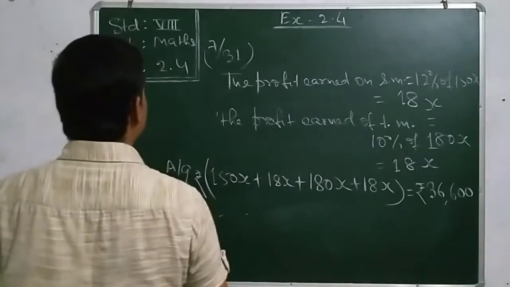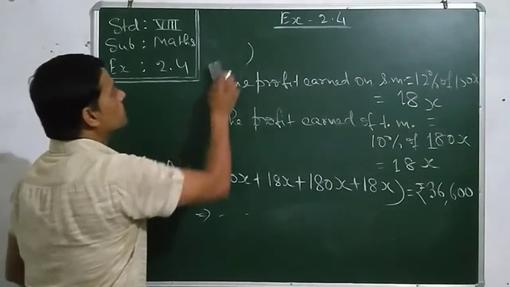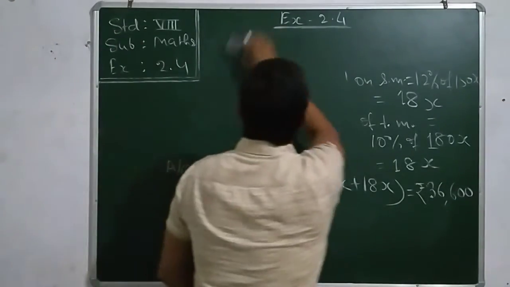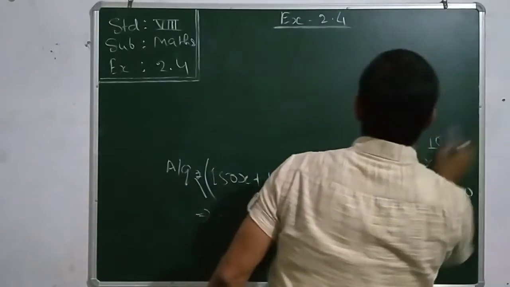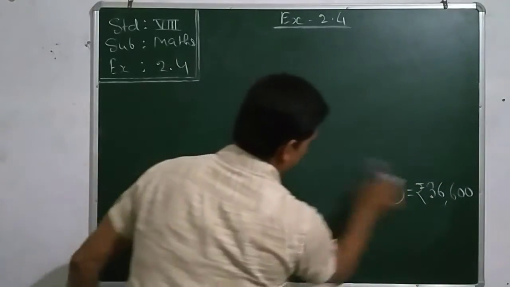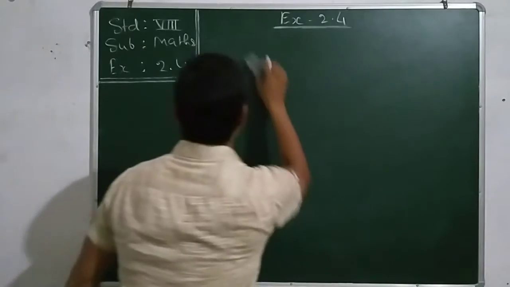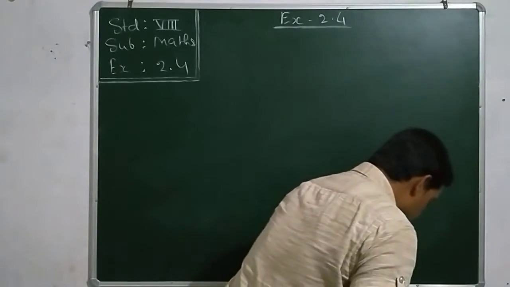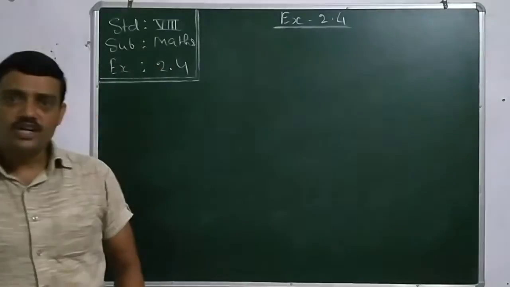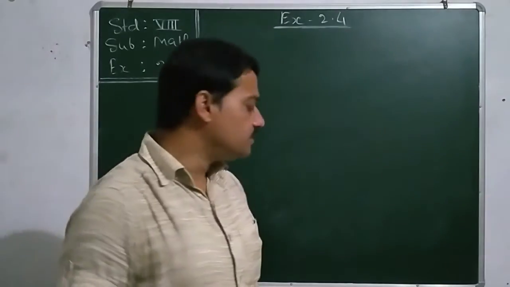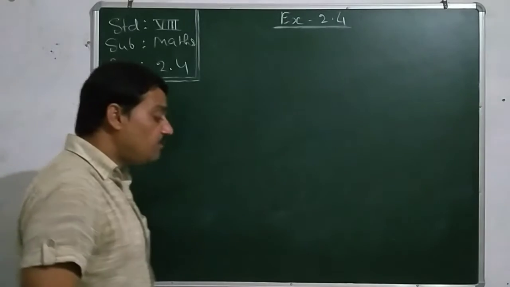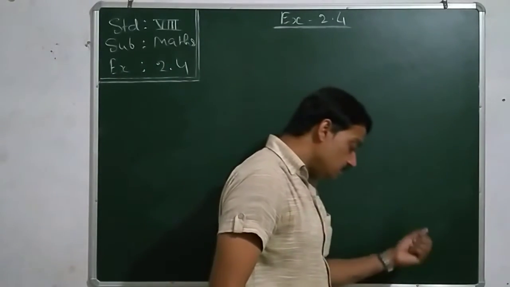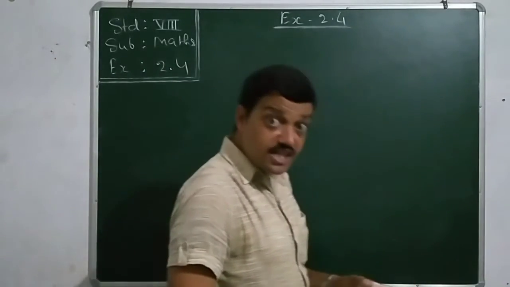Come to the 8 number sum. In the 8 number sum, a herd of deer is grazing in the field. Half of the deer is grazing in the field.